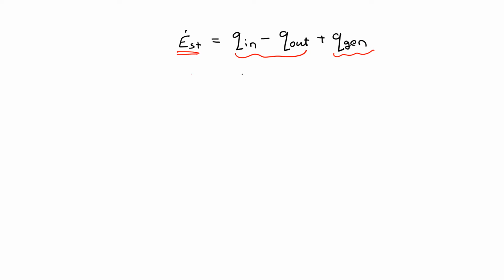But we also saw that the units for Q were watts, but some other notations that you might come across are heat flux. So heat flux is the transfer of energy, or the rate of transfer of energy per unit area.